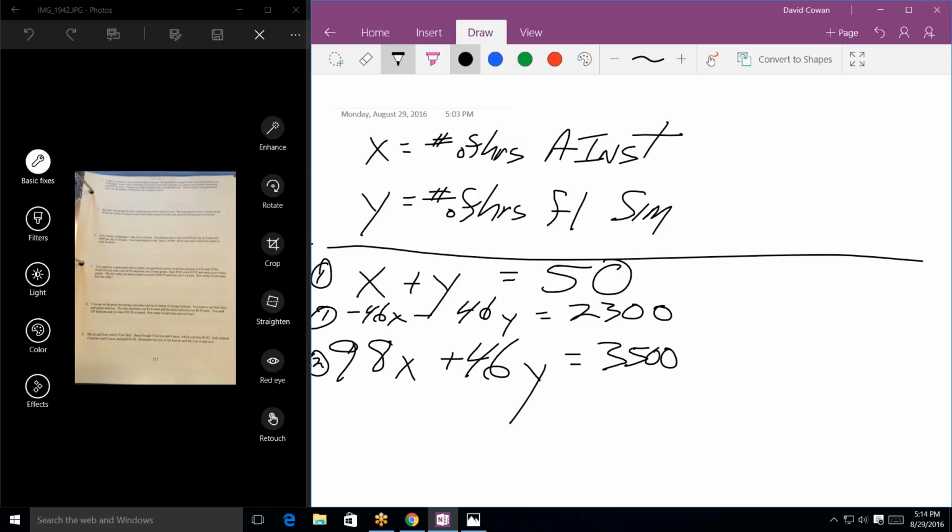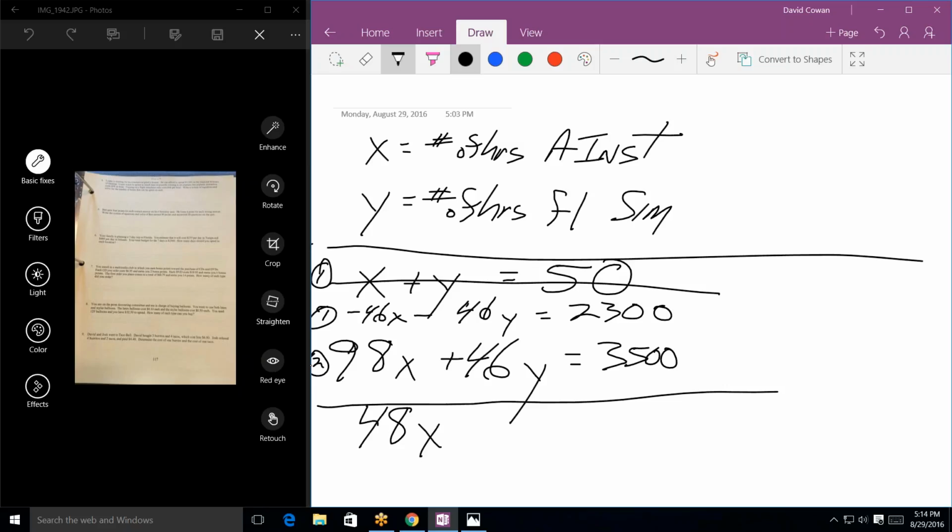Now we would just add both of them together. And you add these two things together, you get 48x. The y's cancel, and you get 5,800. So x becomes 5,800 divided by 48.